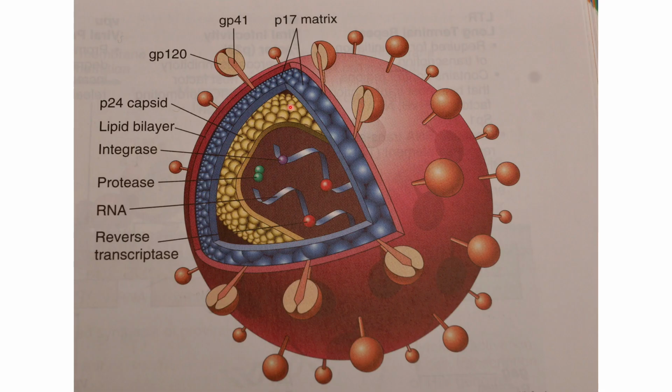This is a view of it. There's the GP41, GP120, the capsid layer, the lipid bilayer here, and integrase, involved in the unwinding of the RNA strand. The RNA strand is here. There's the second one. Reverse transcriptase produces a DNA complementary template from the RNA primer.